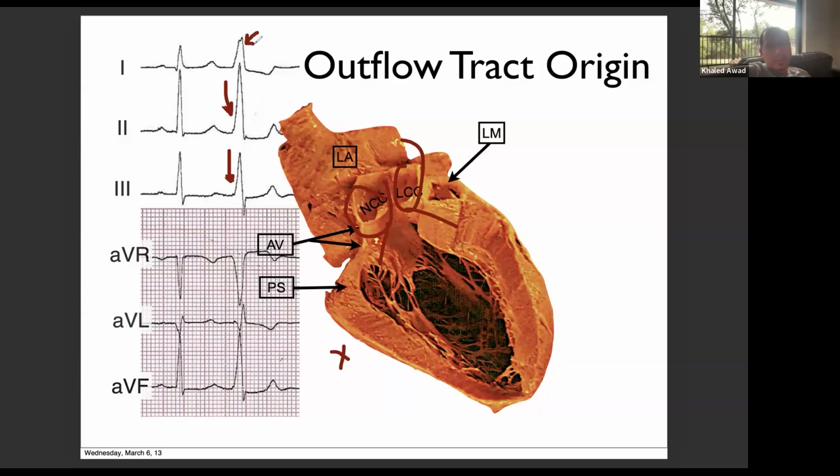Lead 1 is going to start becoming negative once we cross the plane of the left coronary cusp, roughly. Some say the plane of the LAD. I think if you start getting to the left coronary cusp, lead 1 is not going to be positive anymore. It can be positive in the right coronary cusp for sure. So these are things we need to pay attention to.